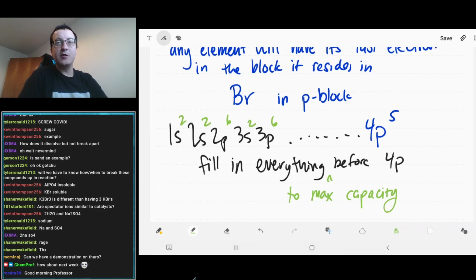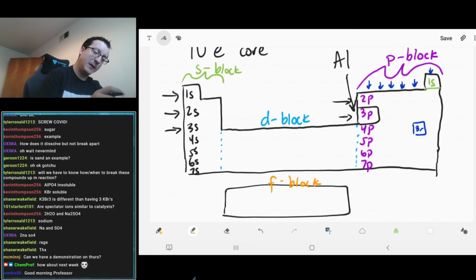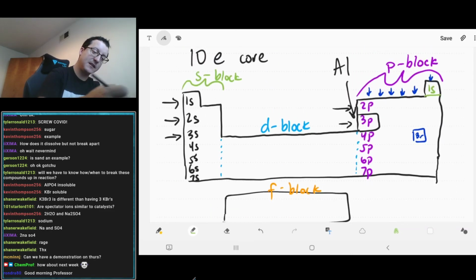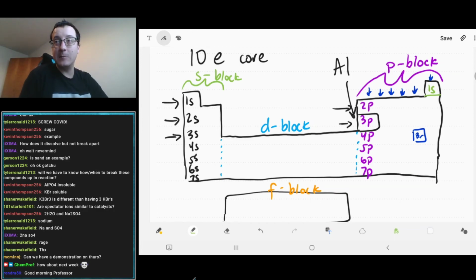Again, there is a reason we're doing all this stuff. So again, bromine in the P block, it's in the 4th row, which means it's going to have 4p as its very last subshell. And we have to fill in everything before that.